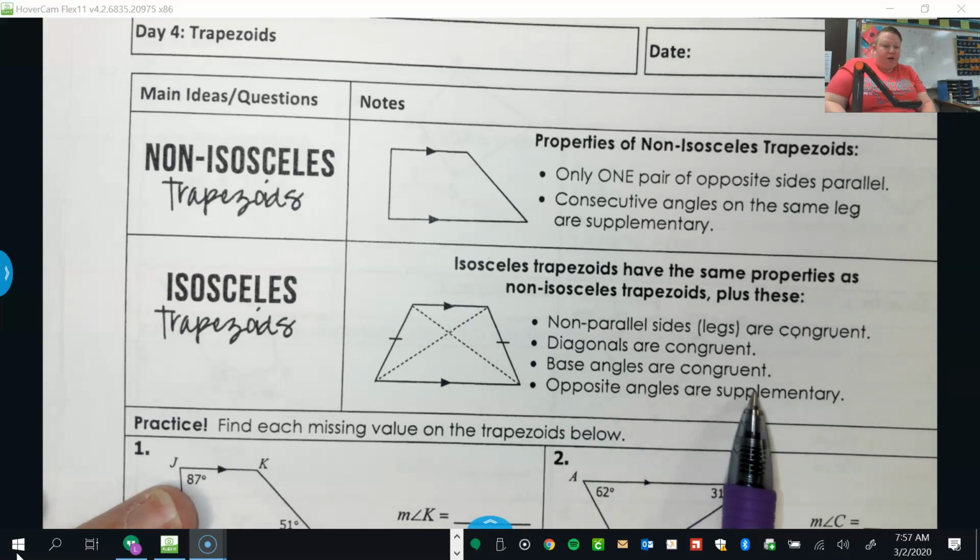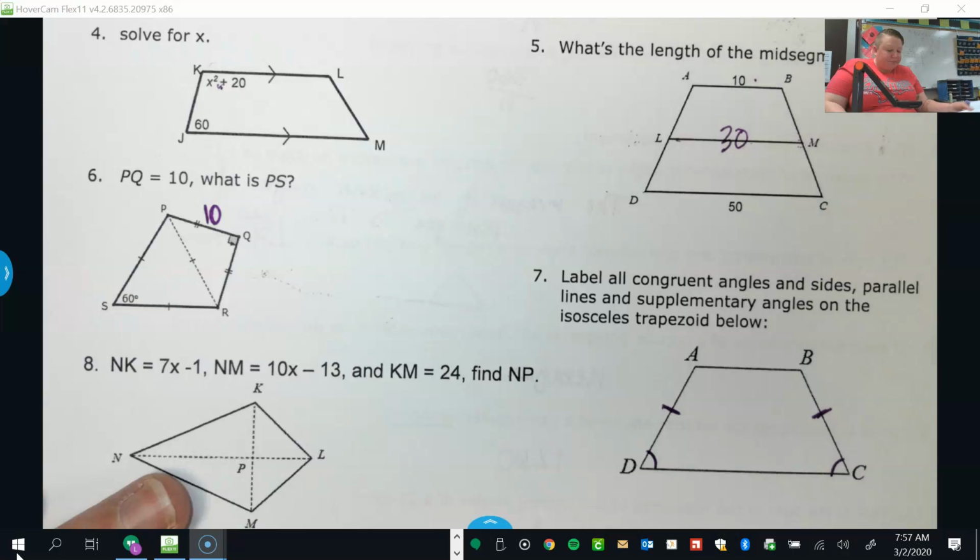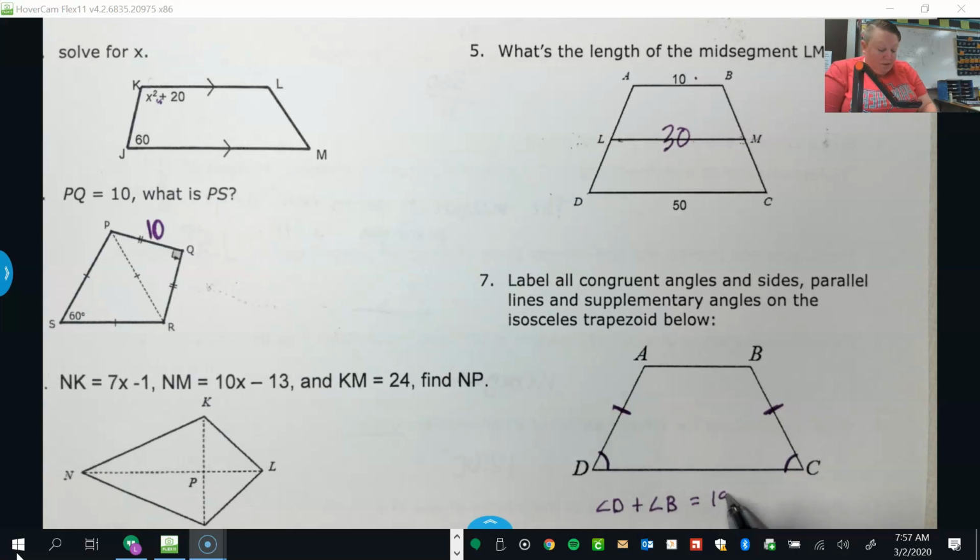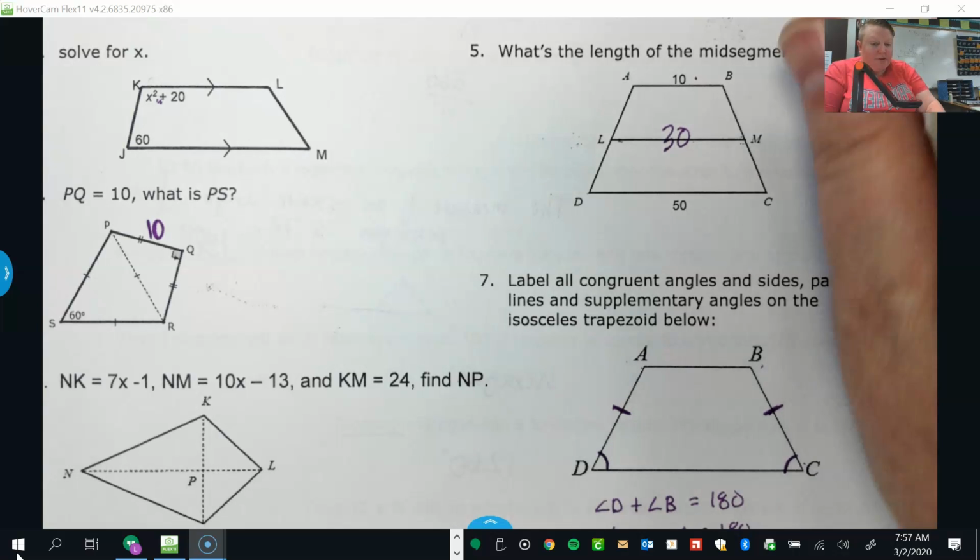Opposite angles are supplementary. So angle D plus angle B equals 180, supplementary means 180. These angles are opposite each other. Angle C plus angle A is 180. These angles are opposite each other.